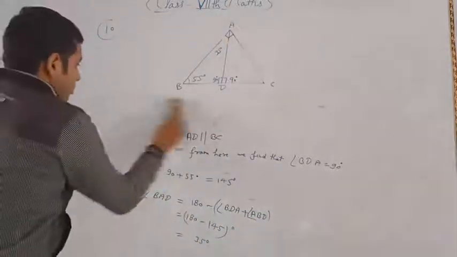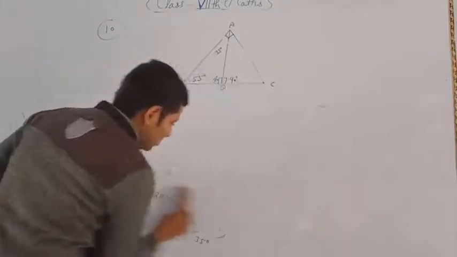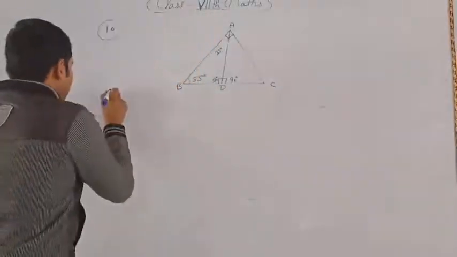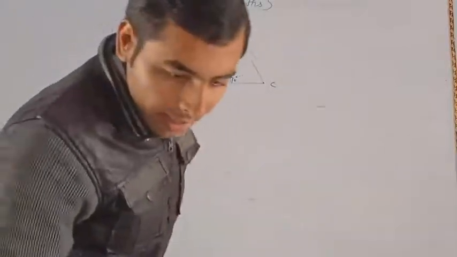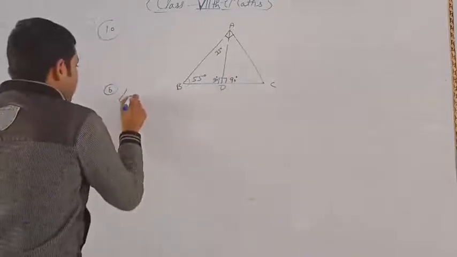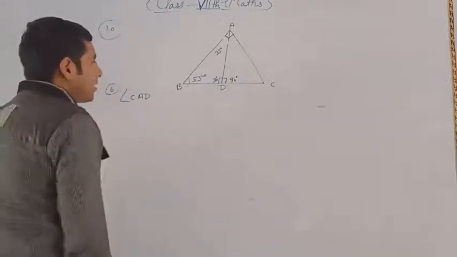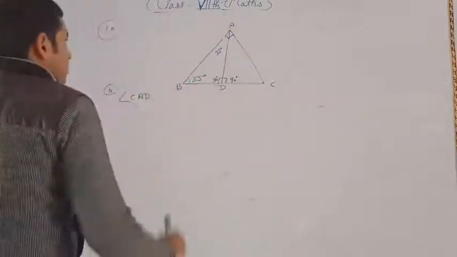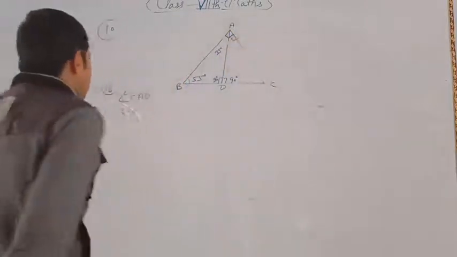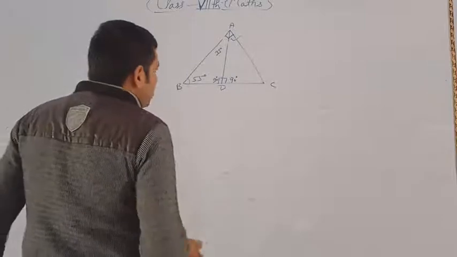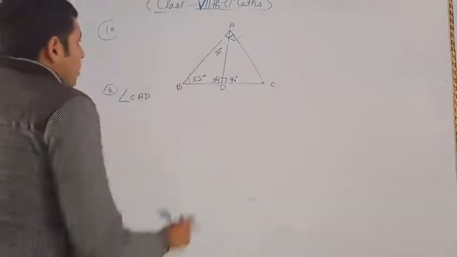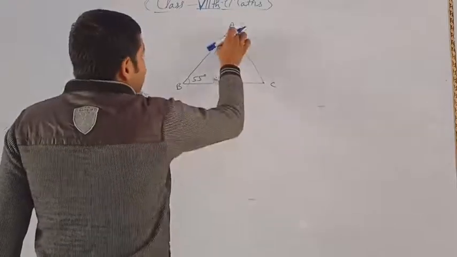So we erase this, and again in part B we have to find angle CAD. We have to find this angle. This angle is also 90 degrees.